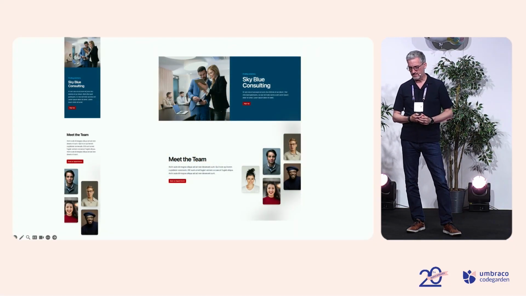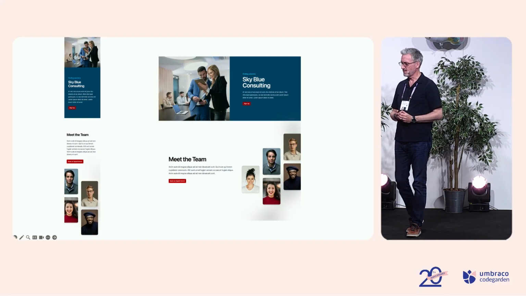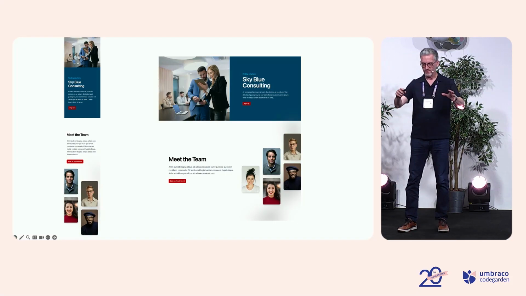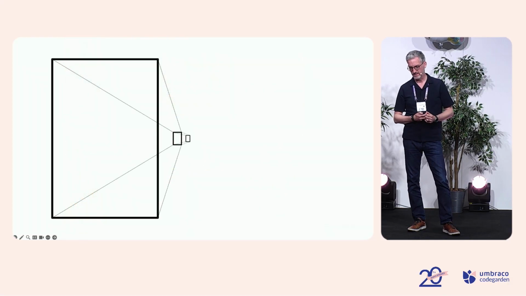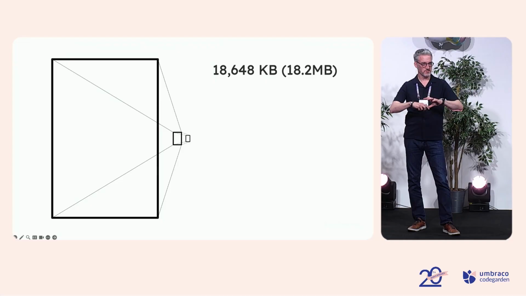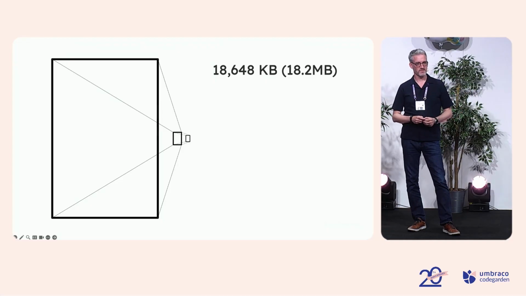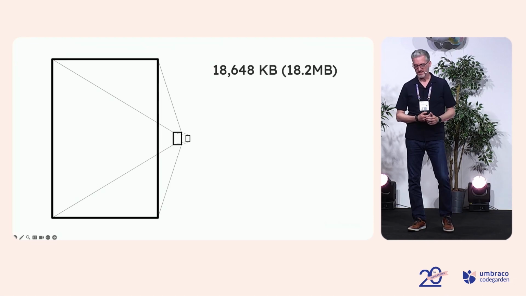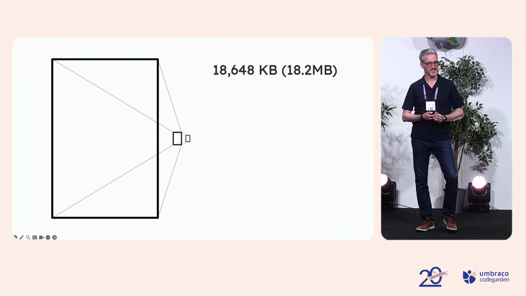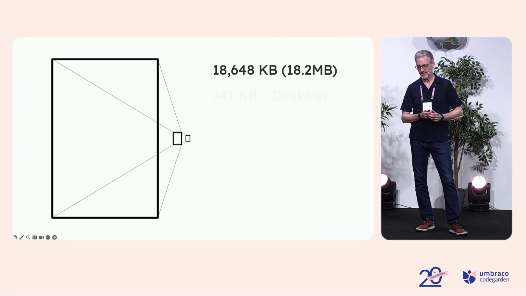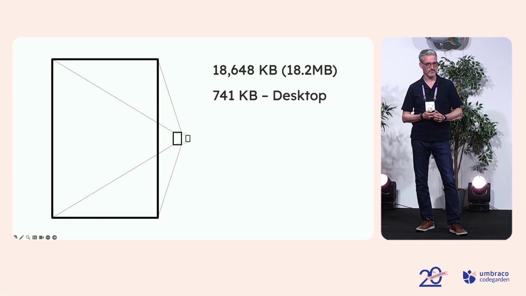So, coming back to our design, if we look at all the things we just looked at there and apply that resizing, what effect does it have? When I just output that page with image.url on the end and did no resizing, then I created a very small page with 18.2 megabytes of image data, just taking that raw data. When we resized it on desktop, it came down to 741K.